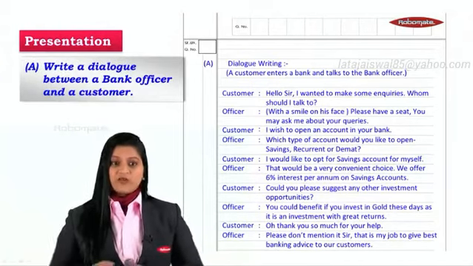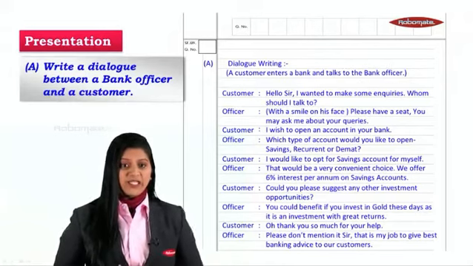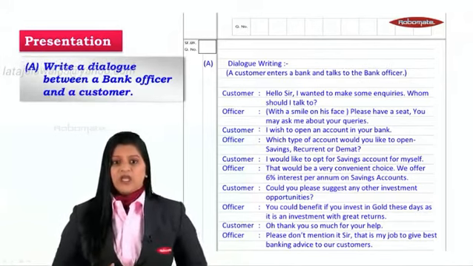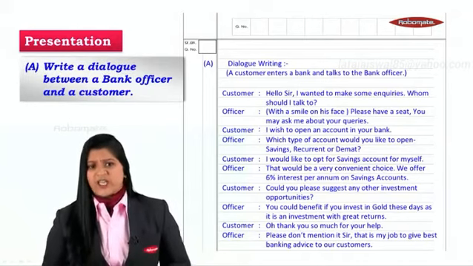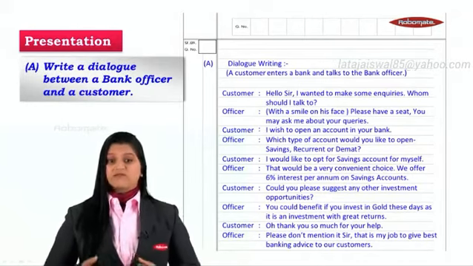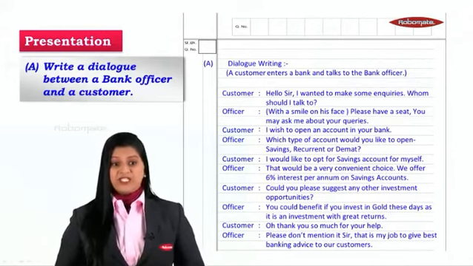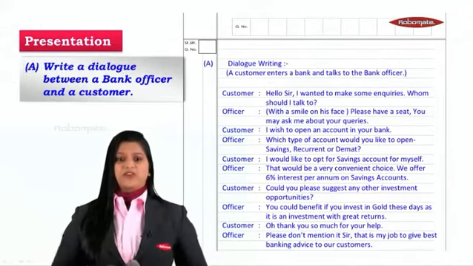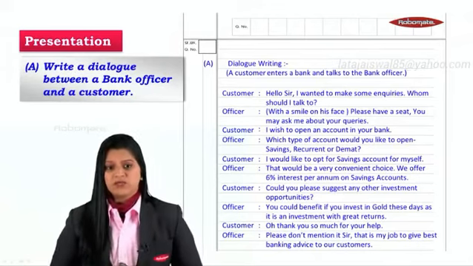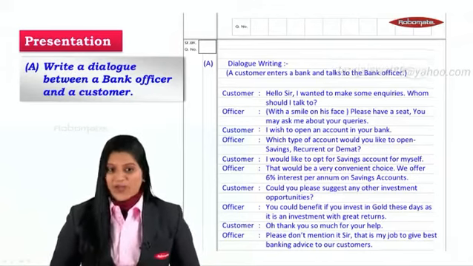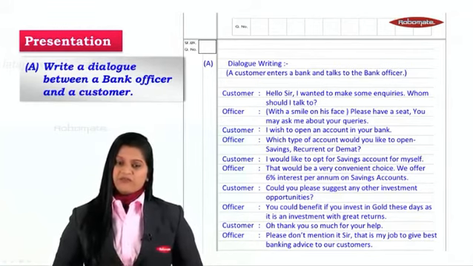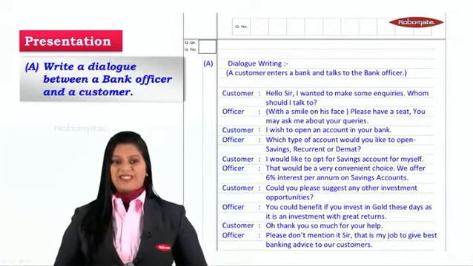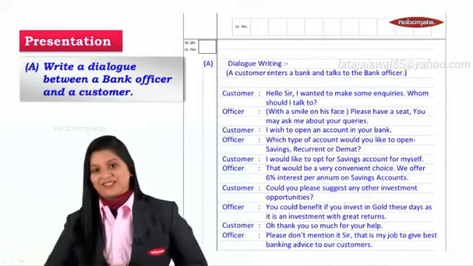Officer: That would be a very convenient choice. We offer 6% interest per annum on savings account. Customer: Could you please suggest any other investment opportunities? Officer: You could benefit if you invest in gold these days, as it is an investment with great returns. Customer: Oh, thank you so much for your help. Officer: Please don't mention it, sir. It is my job to give best banking service to our customers.